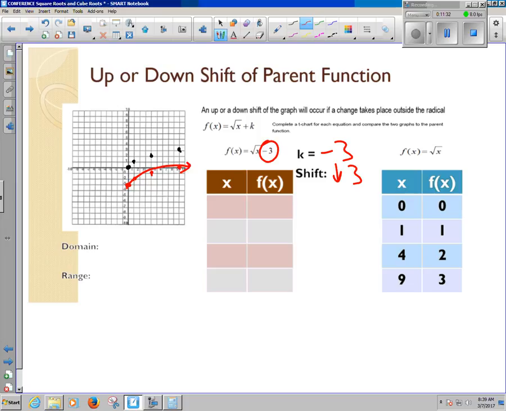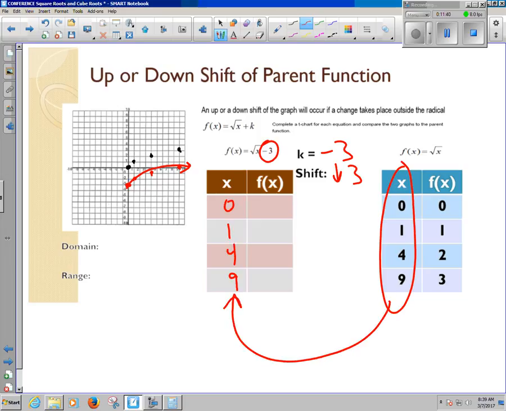So again, we did not move left or right, so our x column should be the same. And what did I do? I subtracted 3 from all my y values. Okay, so I should get negative 3, negative 2, negative 1, and 0.